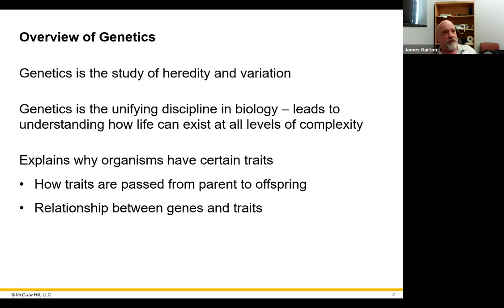The big thrust of genetics is, one, to explain how traits get passed from parent to offspring, and two, to show the relationship between genes and physical traits. So it's going to shed light on the relationship between the molecular makeup of an organism and the physical description of that organism.